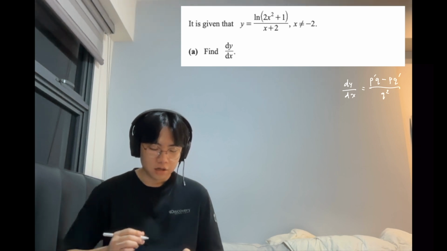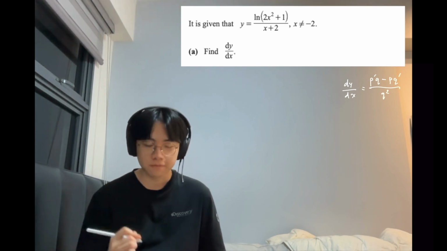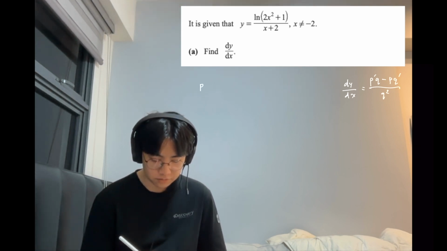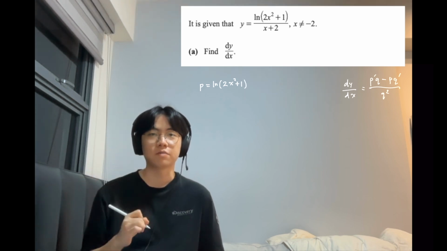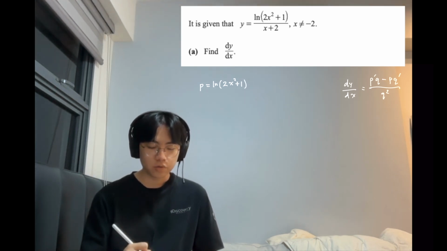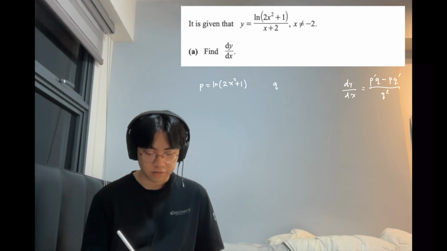Okay, right. What is p? P will be ln(2x² + 1). That's the first thing I see on top, the numerator. Q, again pretty straightforward, will be x + 2.